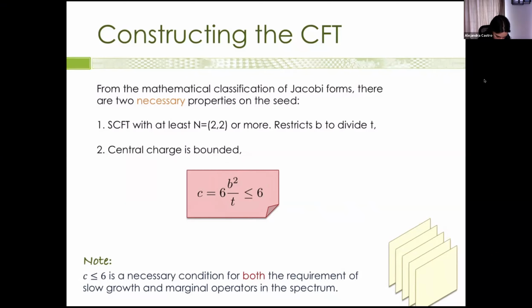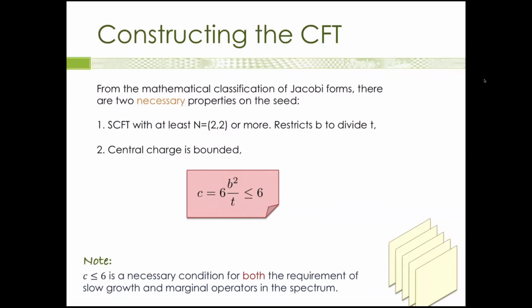In the language of N=2,2 superconformal theories, this tells you that the central charge of the seed has to always be less than 6, since the central charge is related to this ratio.